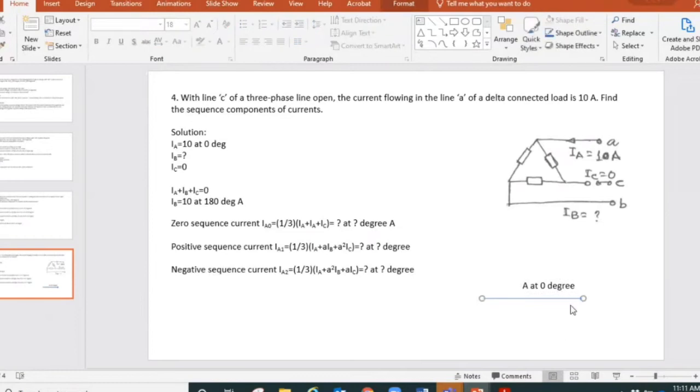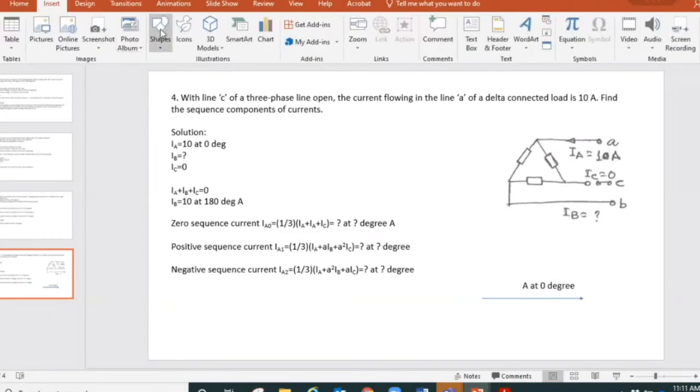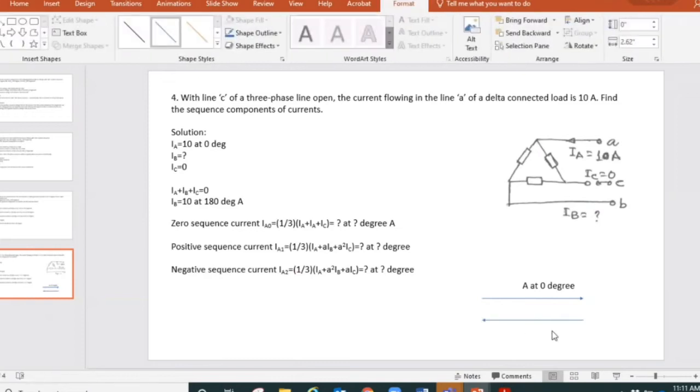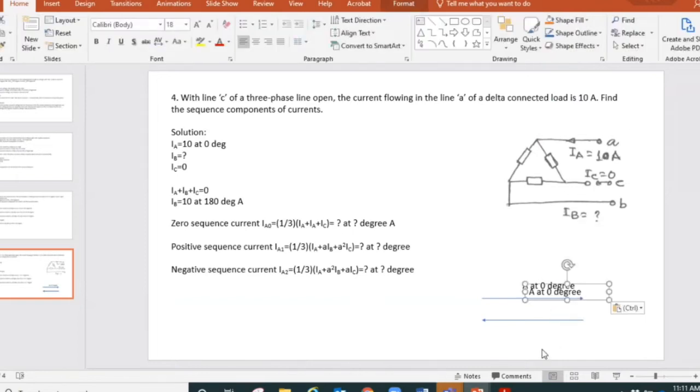Now I don't want to draw it like this. So if I drew it like this, the same phasor, I can do that. And when I come to this, then it will be minus 180 degree or plus 180 degree, or you need to put minus.